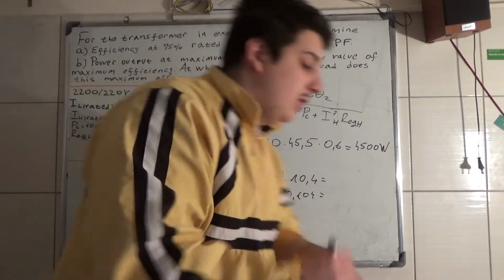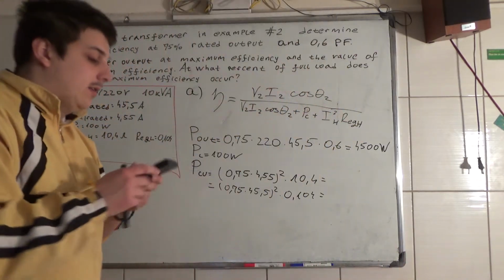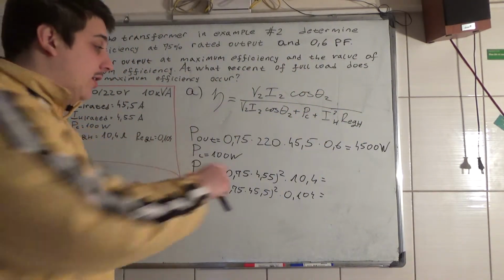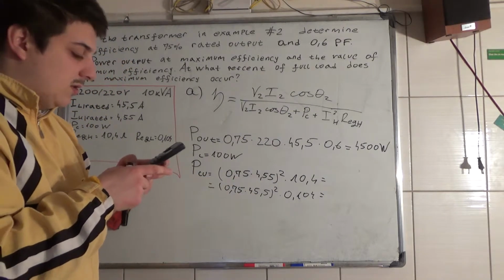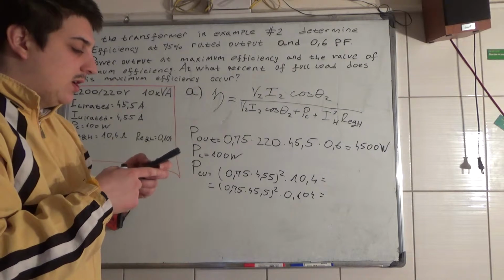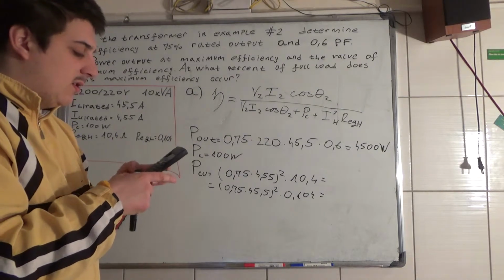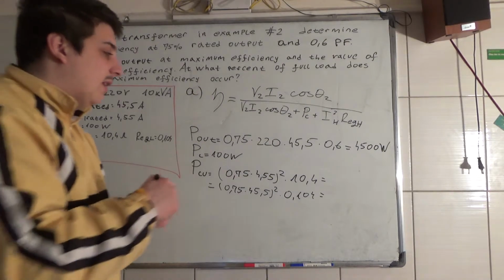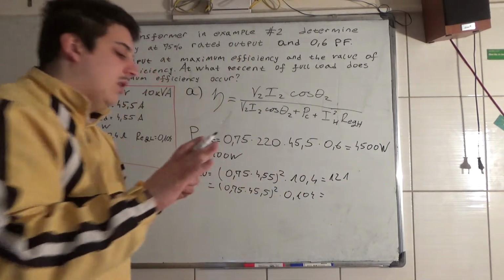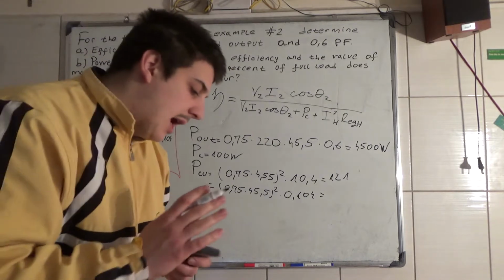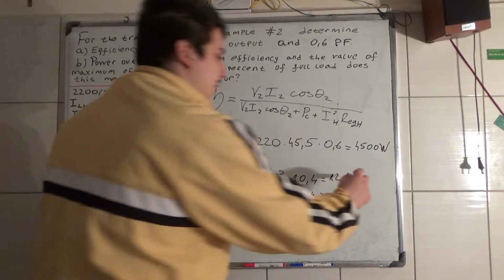I'm just going to use my calculator and calculate this and this. You get here that it is equal to 121.1, but I'm not going to use that. I'm just going to use 121.